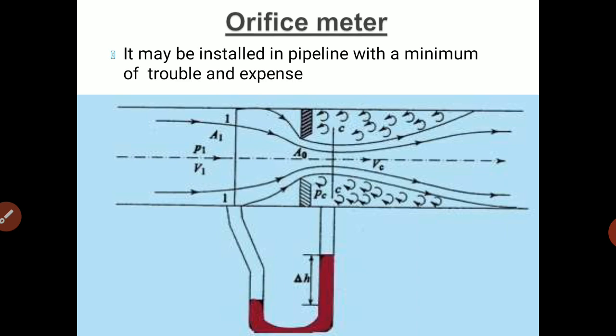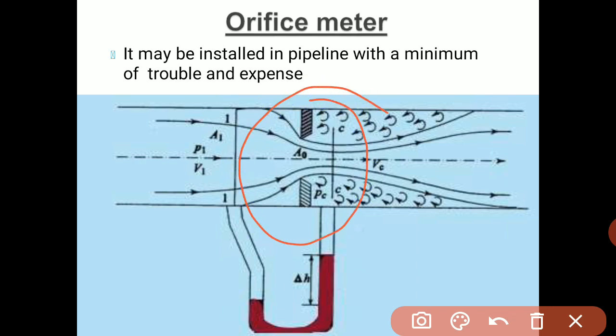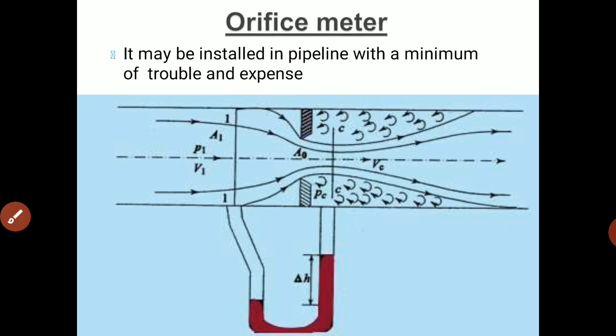The orifice diameter is generally kept at half of the diameter of the pipe. Just see, these are the obstructions, and this is the diameter that we can measure of the orifice meter. That is the diameter of the orifice meter.